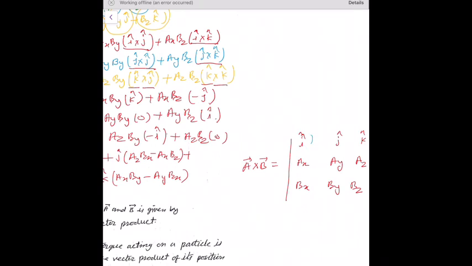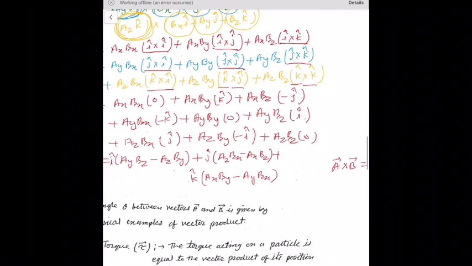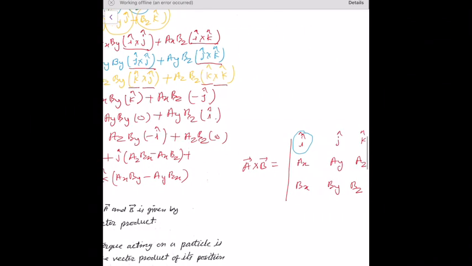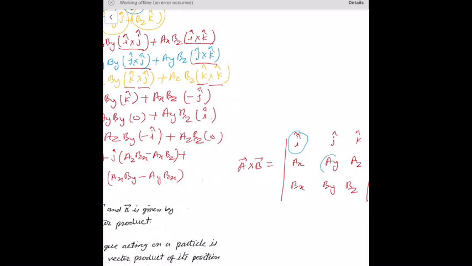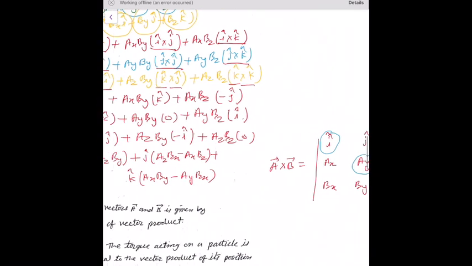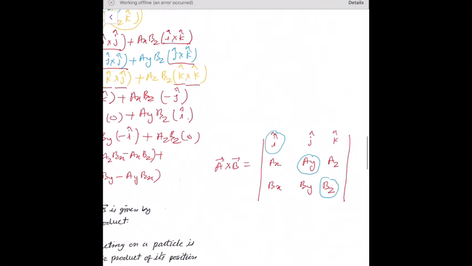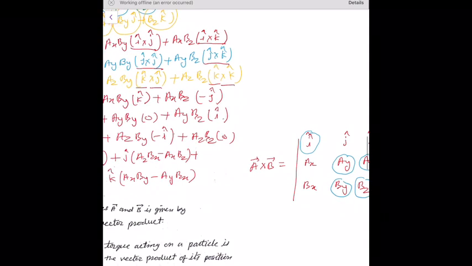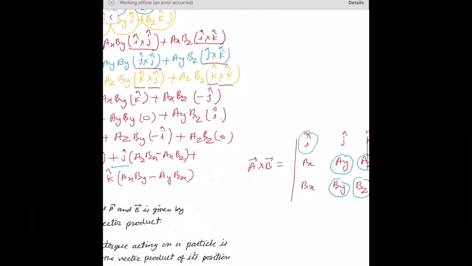Here I cap: ay into bz minus az into by.